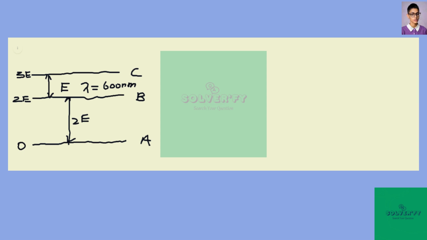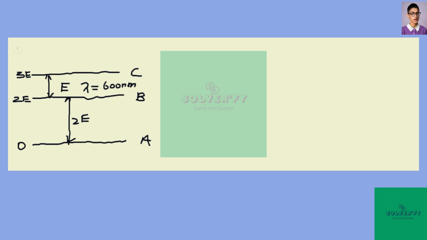Okay, now what will be the wavelength of the photon when an electron jumps from energy level B to A? And we notice that the difference between energy levels B and A is 2E.